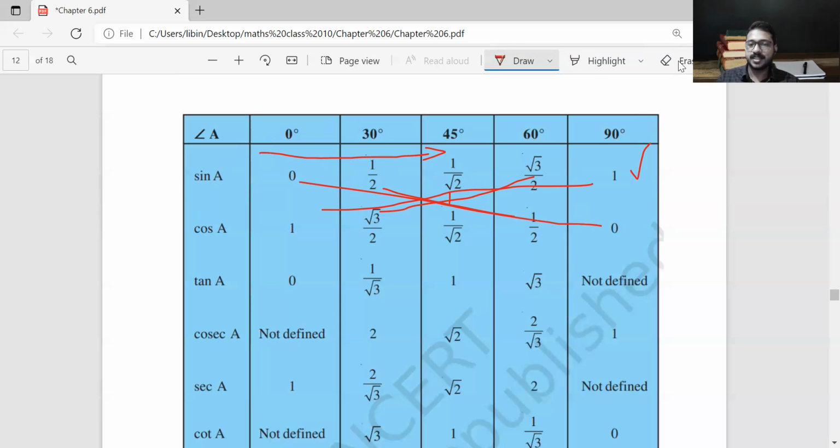Easy? Okay. And then, as we have seen, these two ratios are the primary ratios. From these two ratios, we can derive the values of the remaining ratios. Okay. So I think it is clear to you.